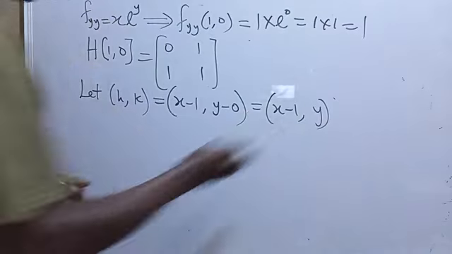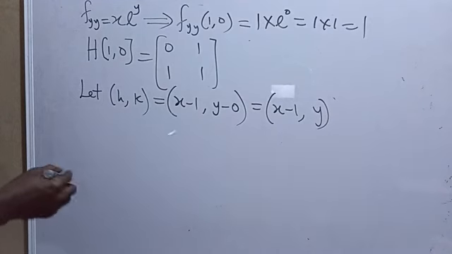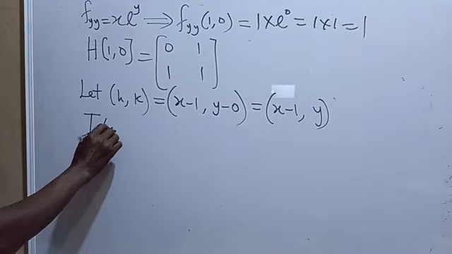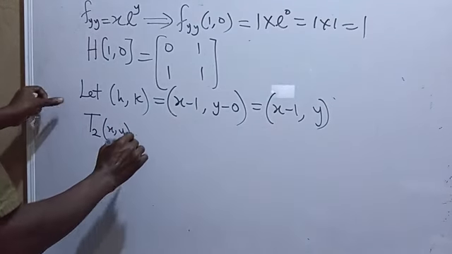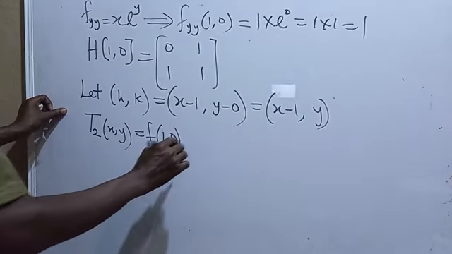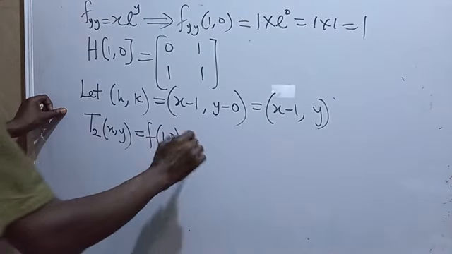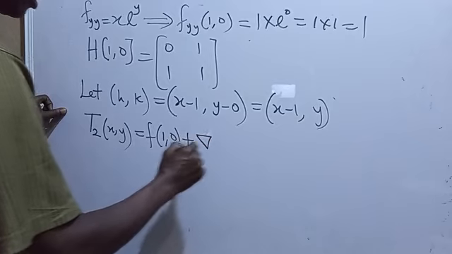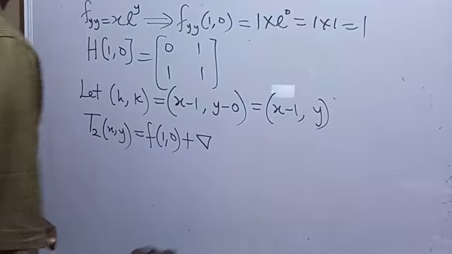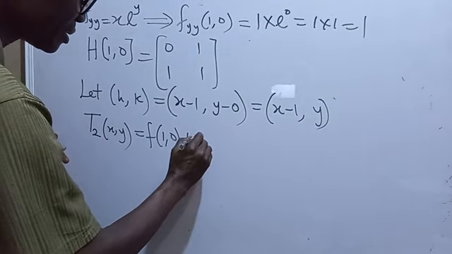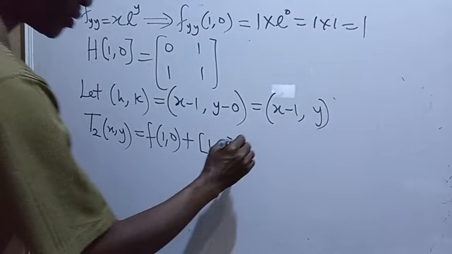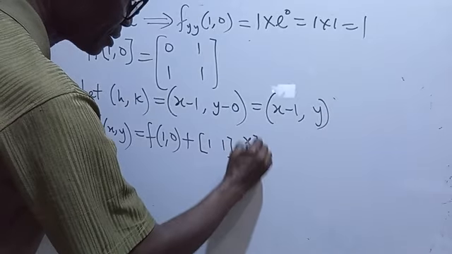Now you see how we are going to make use of that later. So now the second degree that we are looking for, T2 of x, y, is equal to f of 1, 0 plus the gradients. And what do you get for our gradients? I think we get 1, 1. Yes, I think that's what gets x, y.